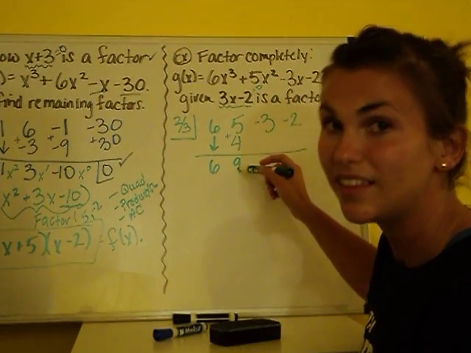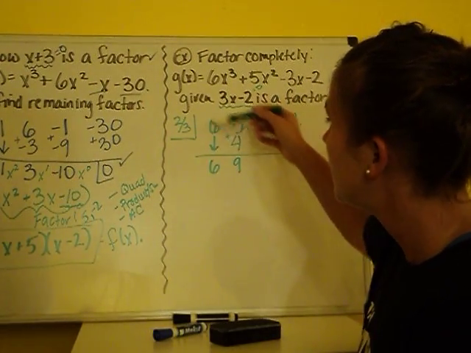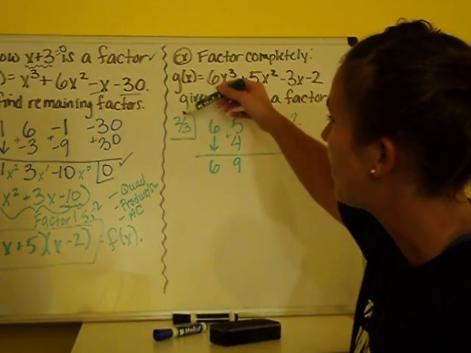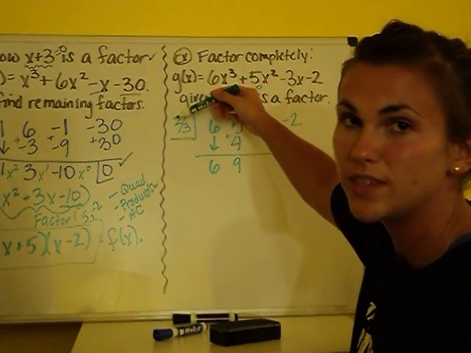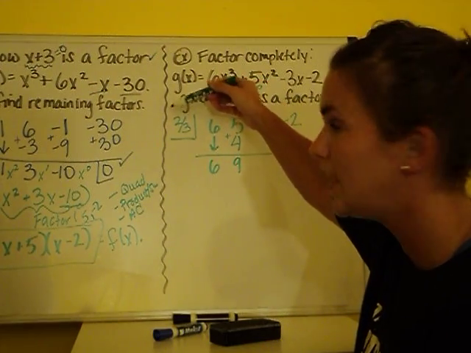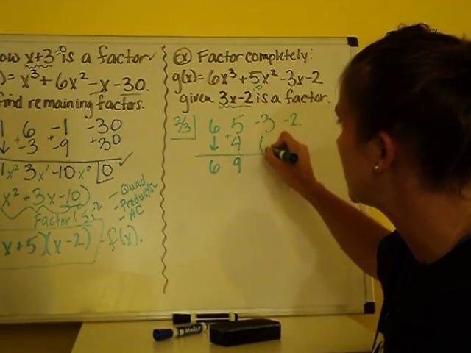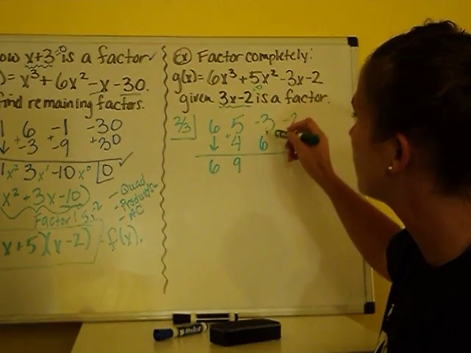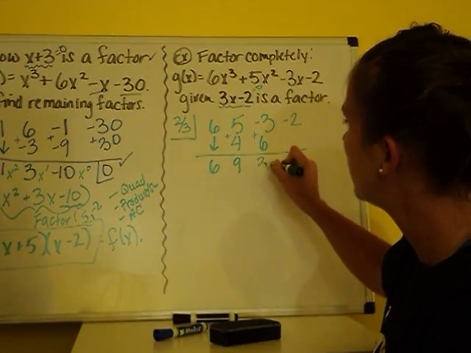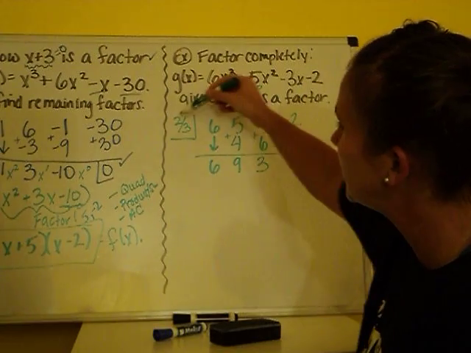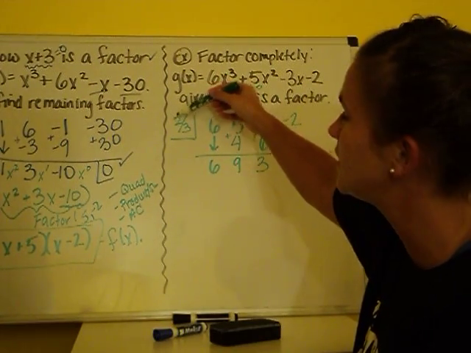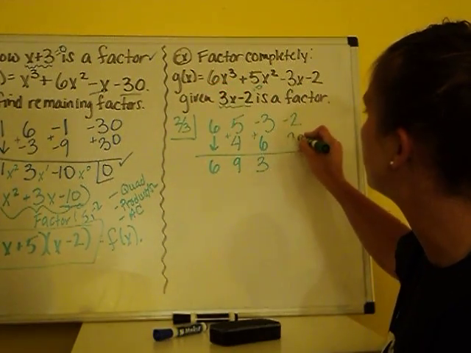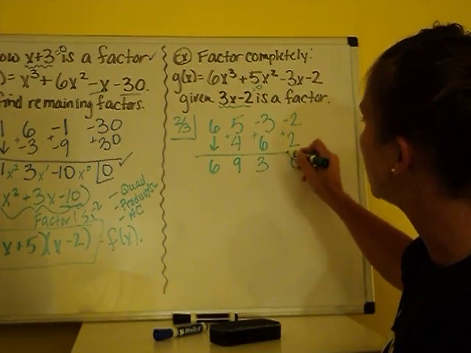I'm below the line, I multiply. So I'm going to multiply by the top. 9 times 2 is 18. Divided by 3, 18 divided by 3 is 6. Negative 3 plus 6 is 3. 3 times 2 is 6. 6 divided by 3 is 2. Add those, I get 0.